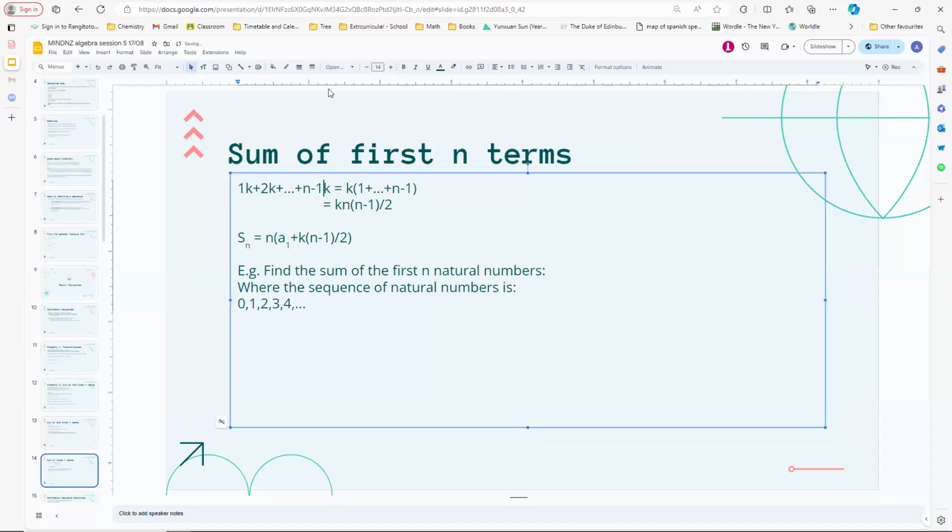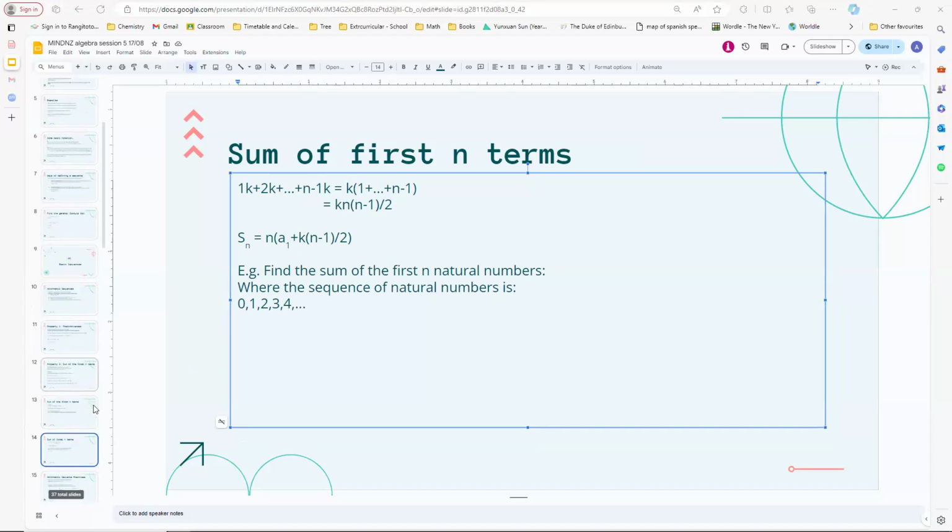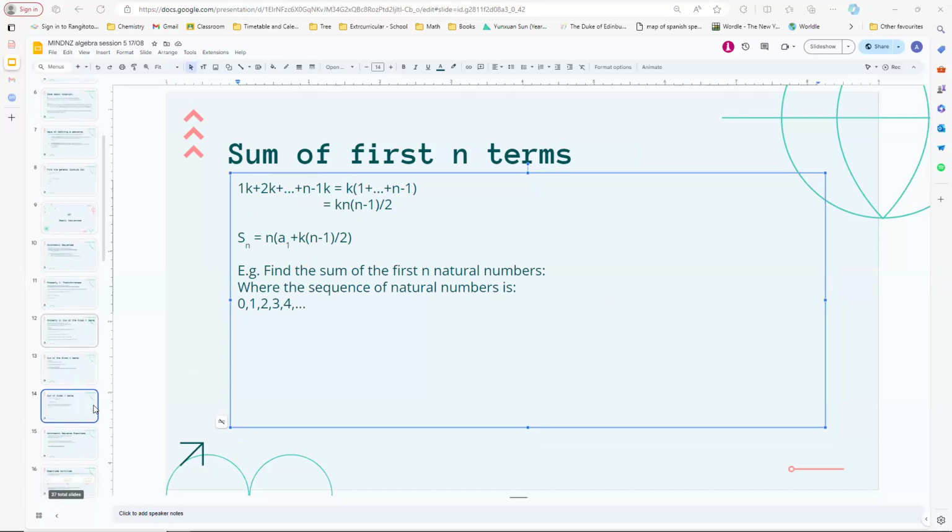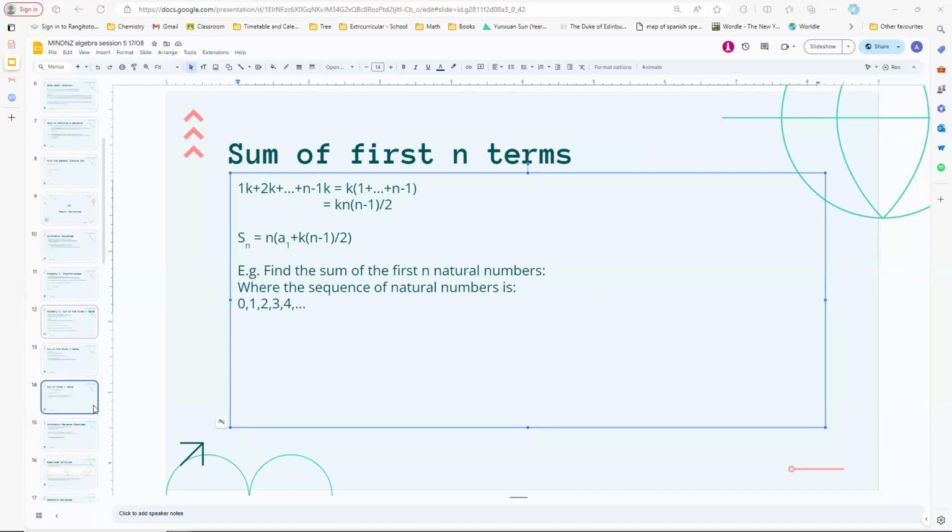It's just the triangular number, n times n minus 1 over 2. That's the sum of the numbers from 1 to n minus 1. And that's the general formula. You have n as your coefficient in front of the a sub 1, and you have n times n minus 1 over 2 as your coefficient in front of your difference k.